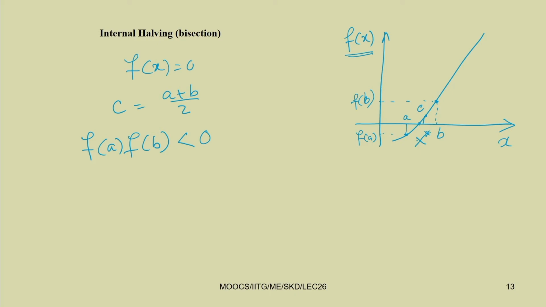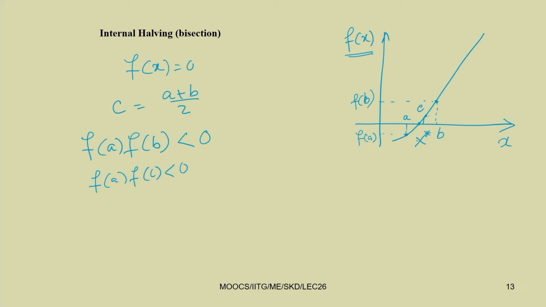Now, after getting the C point, we have to choose the next point. Now we have 2 halves, one is AC and the other half is BC. Which half do we have to take? We can find this: if f(A) into f(C) is less than 0, we have to take this half.